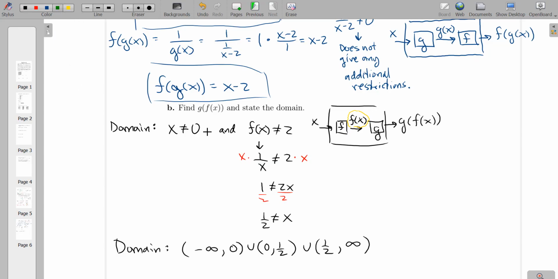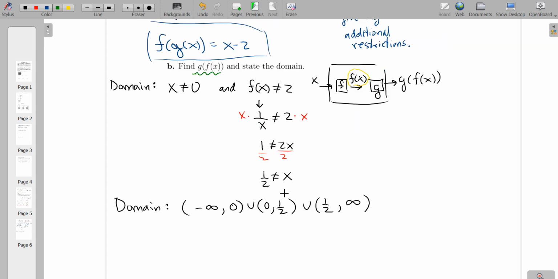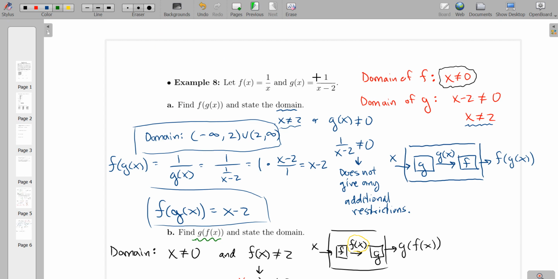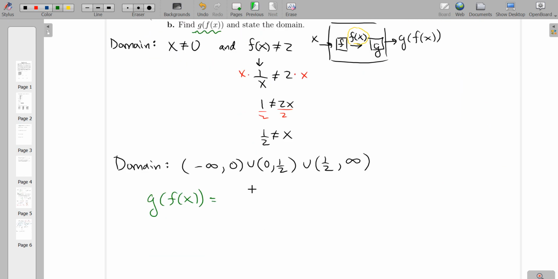All right, and then lastly, let's actually get a simplified version for g of f of x. So we're going to take 1 over x minus 2, and where we see an x, we're going to put f of x in there. So it'll be 1 over f of x minus 2, which is 1 over 1 over x minus 2.